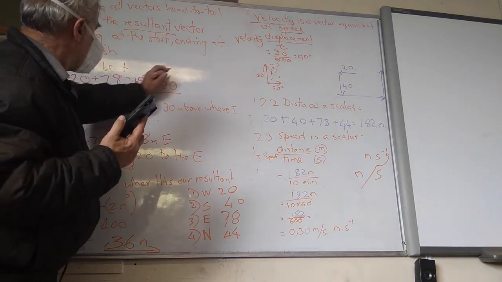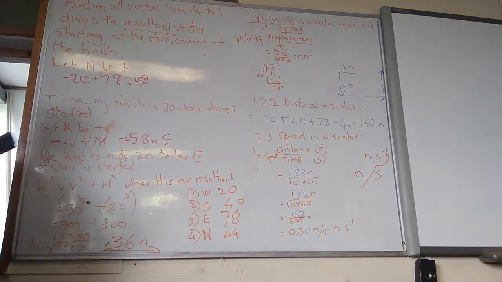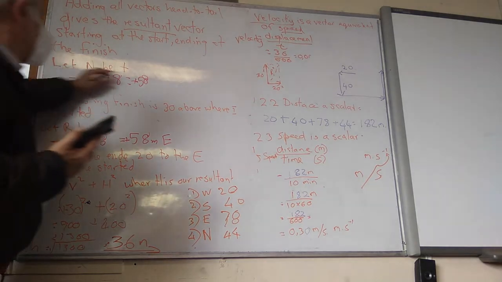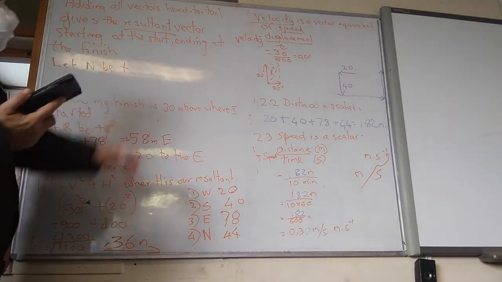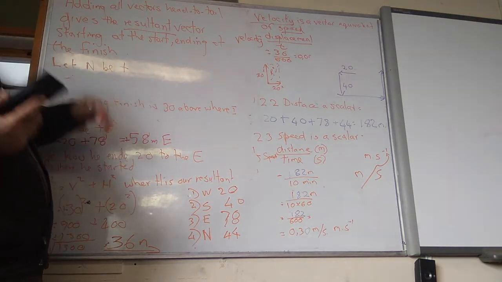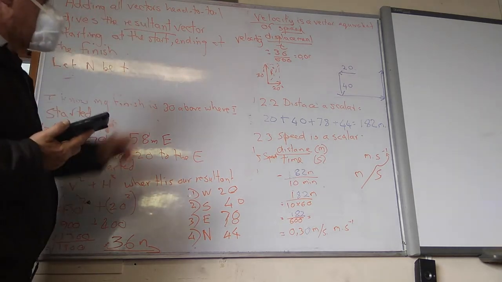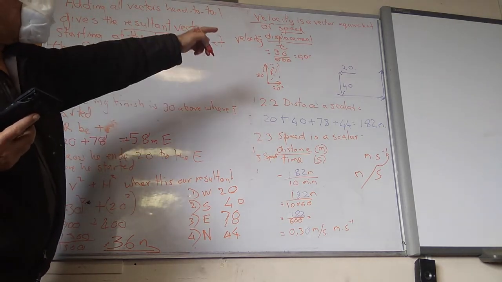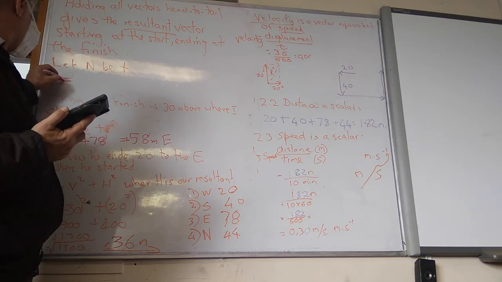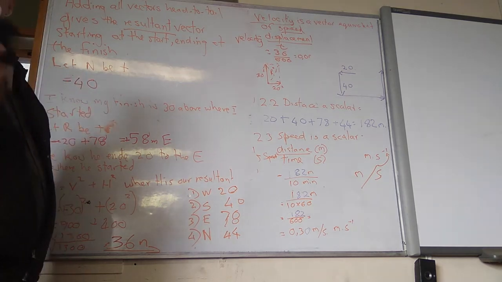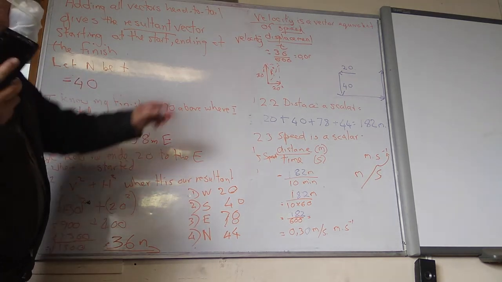Let's do the north-south one here. Okay, so he went minus 40. Everyone with me? Yeah. Then he eventually went plus 44. Equals plus 4. Okay. Then we're going to do our Pythagoras.